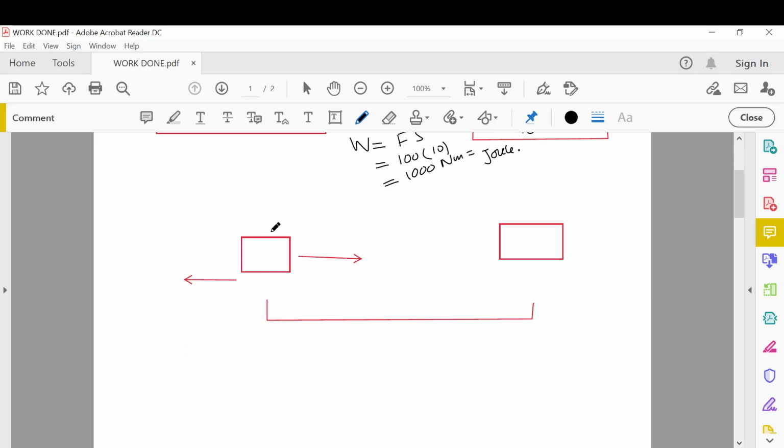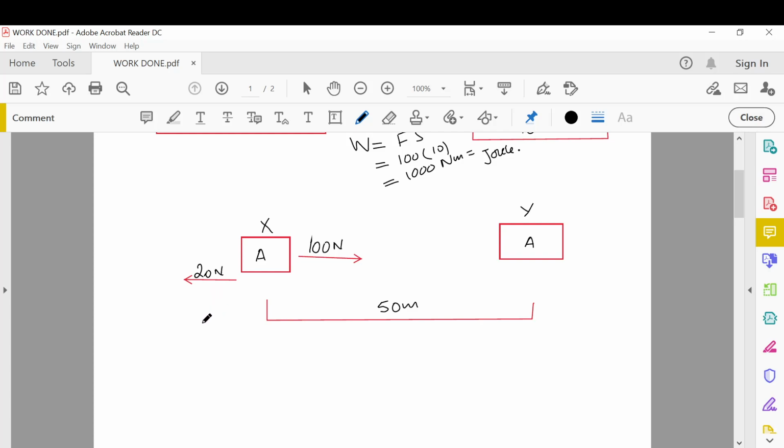There is an object, called object A, and it is moving from position X to position Y. When we apply a force of, suppose, 100 Newton in the right direction, it covers a distance of, suppose, 50 meter. But meanwhile there is a friction force in the opposite direction, which is, suppose, 20 Newton.